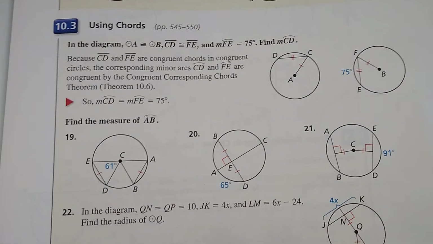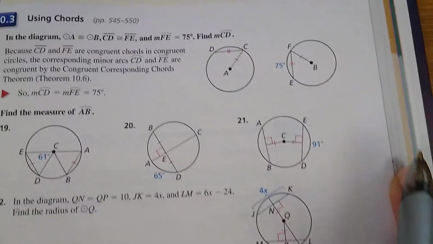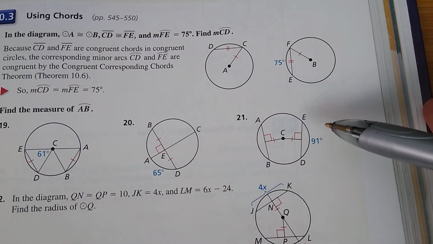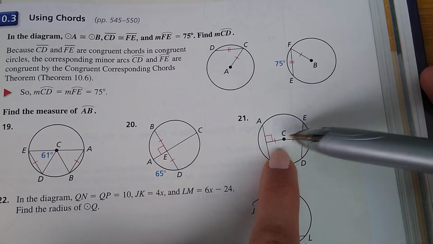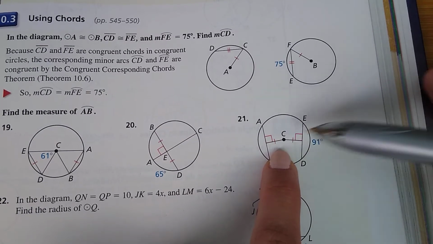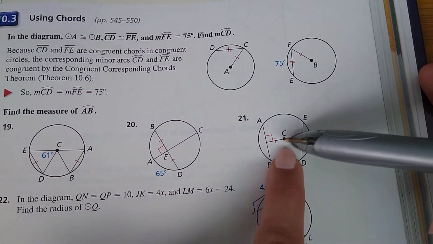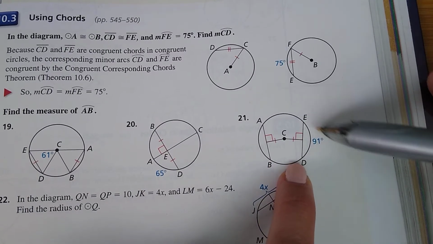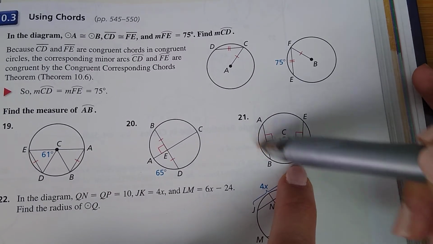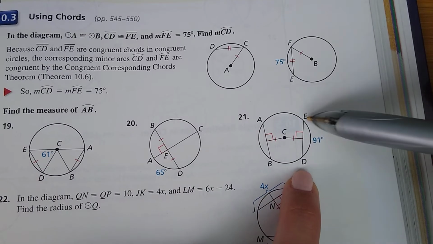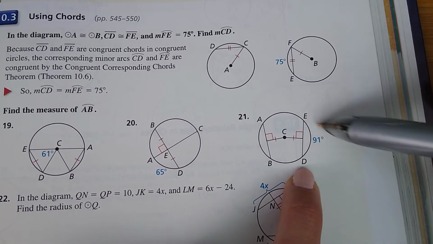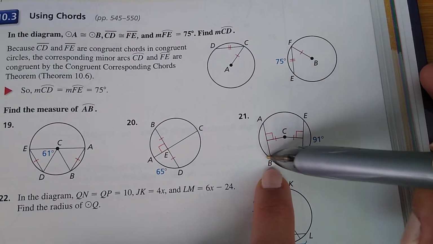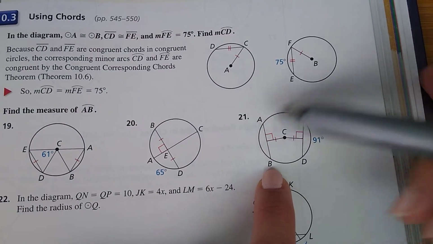Now let's move on to 21. They want us to find AB. Right off the bat, I know that these are marked, therefore these are congruent. There's a theorem that says that if these are congruent, then these are also congruent. So if the measure of the arc DE is 91, then the measurement of AB is also 91.